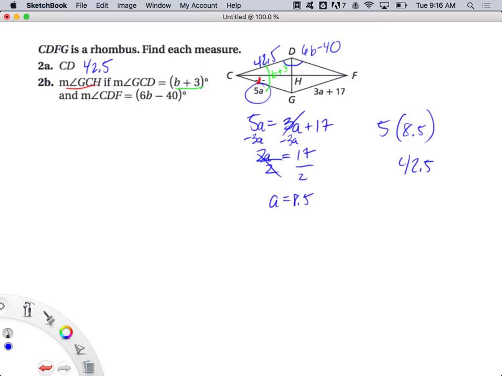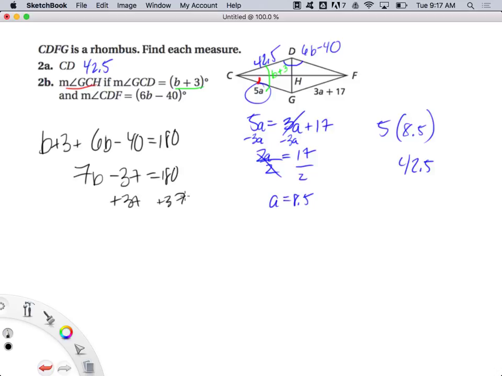Since this is a parallelogram, what do I know about the consecutive angles? This one and this one, are they congruent? No, they're supplementary. Good, which means they add up to 180. b plus 3 plus 6b minus 40 equals 180. b plus 6b is 7b. 3 minus 40 is negative 37, equals 180. Add 37 to both sides.